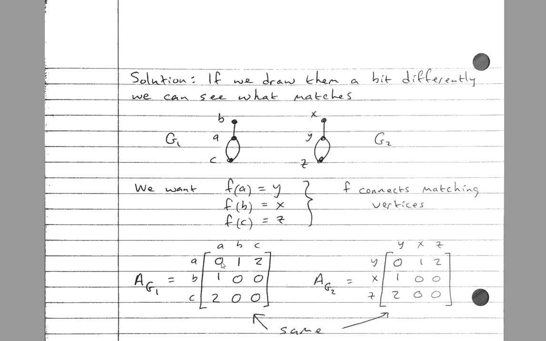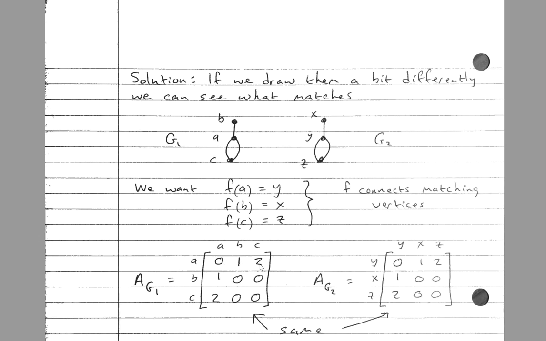All right, so we're just putting in the number of edges connecting each pair. There's a 0 here because there's no edge connecting A to A. There's one edge connecting A to B. So we put a 1 here.